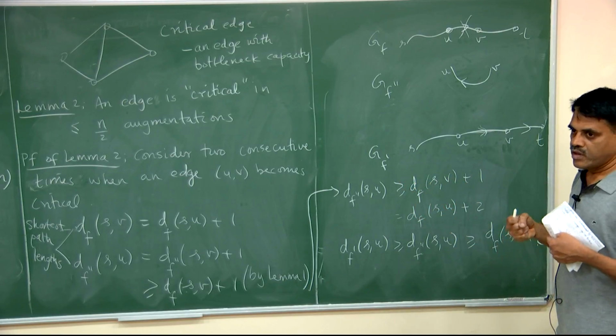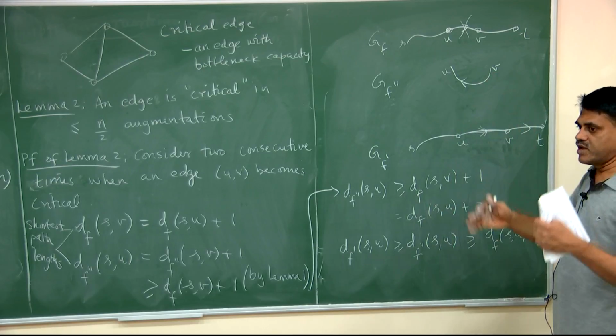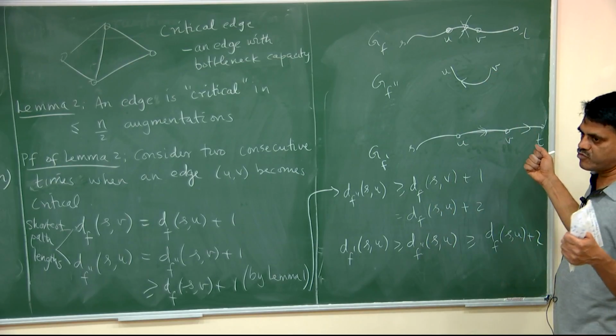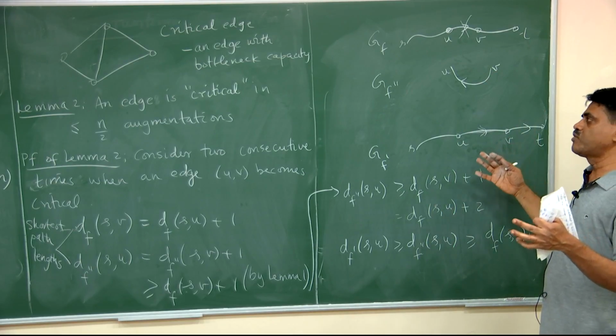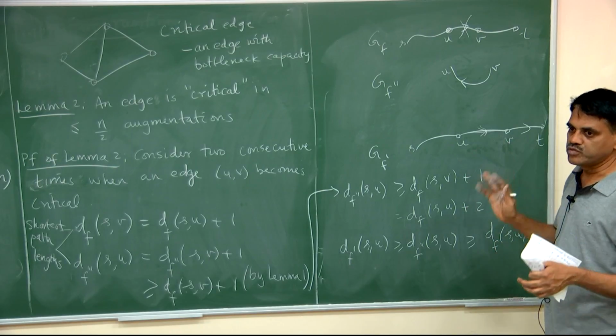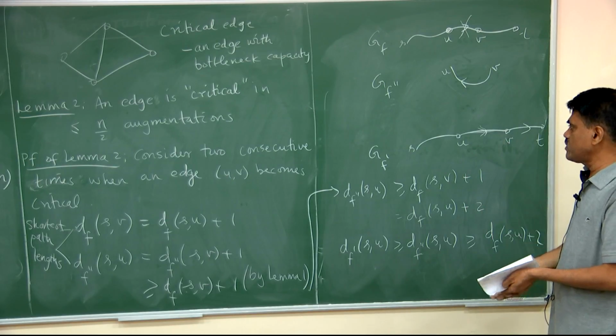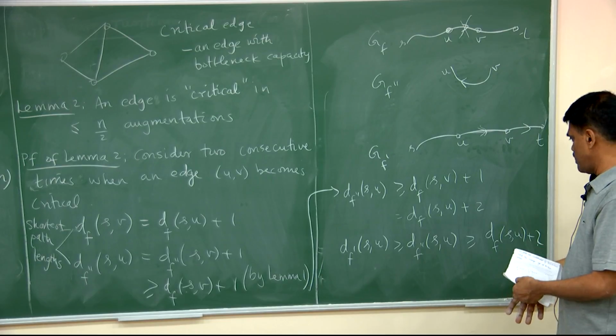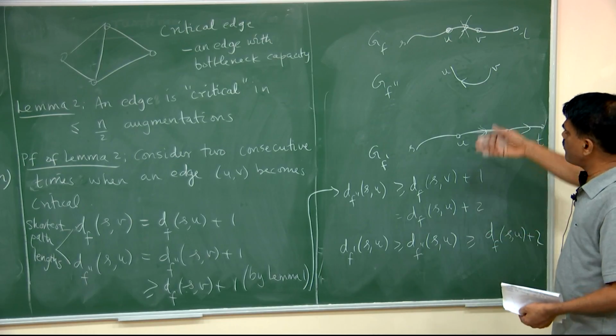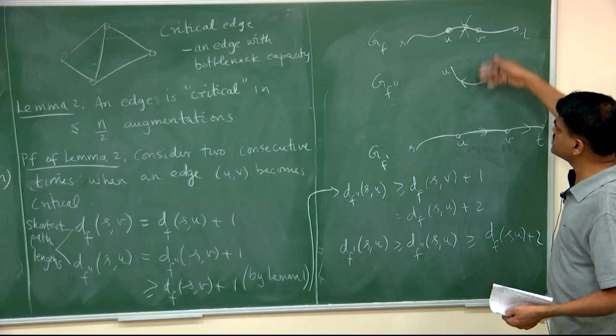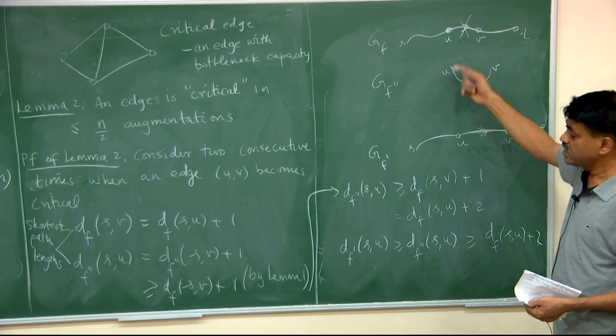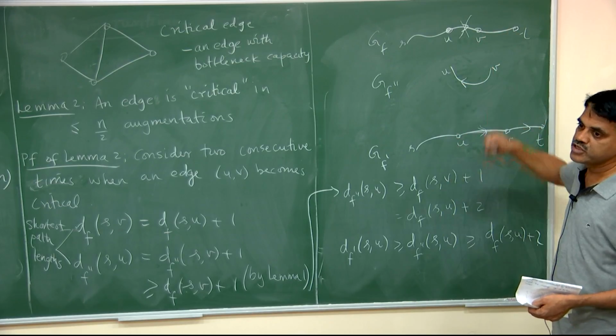Now it cannot keep on increasing, right? The length of the shortest path from S to U is at most n minus 2. Between two consecutive occasions of criticality of that edge, the length of the shortest path increases by at least 2.